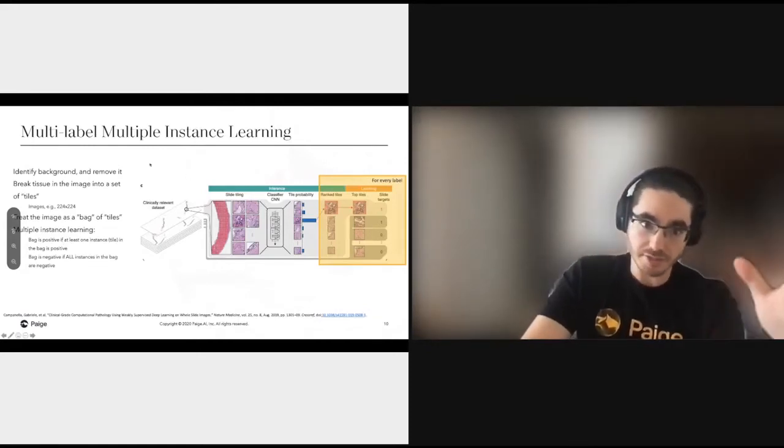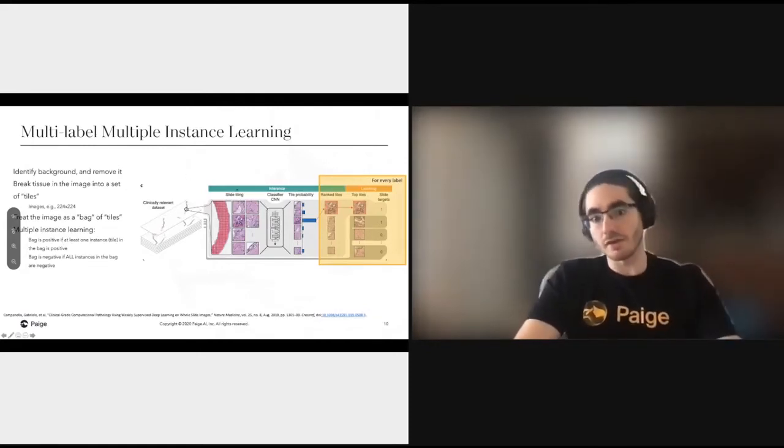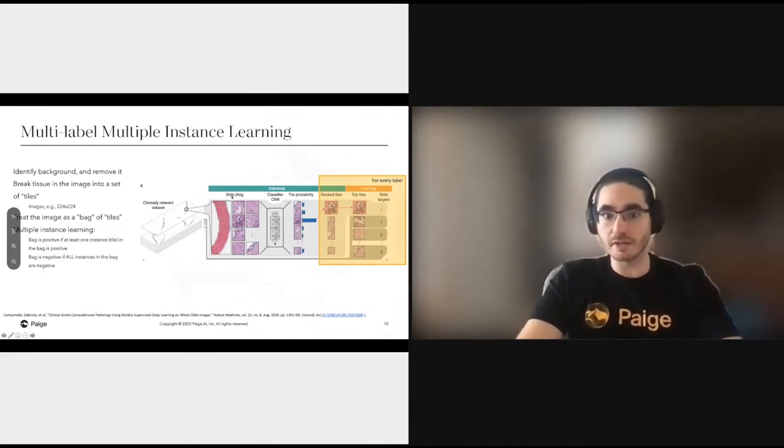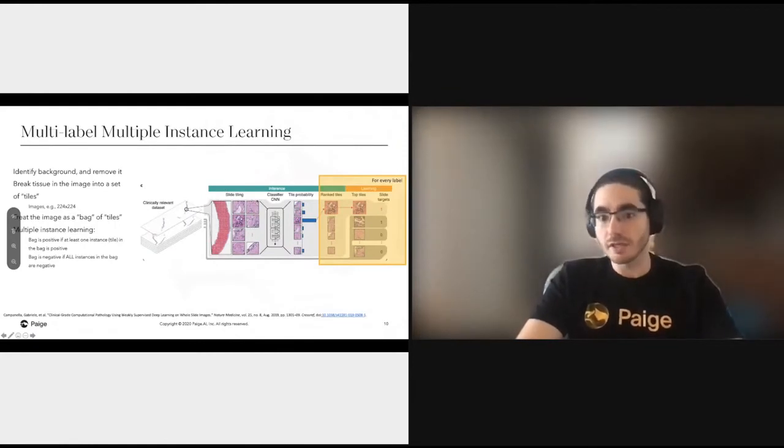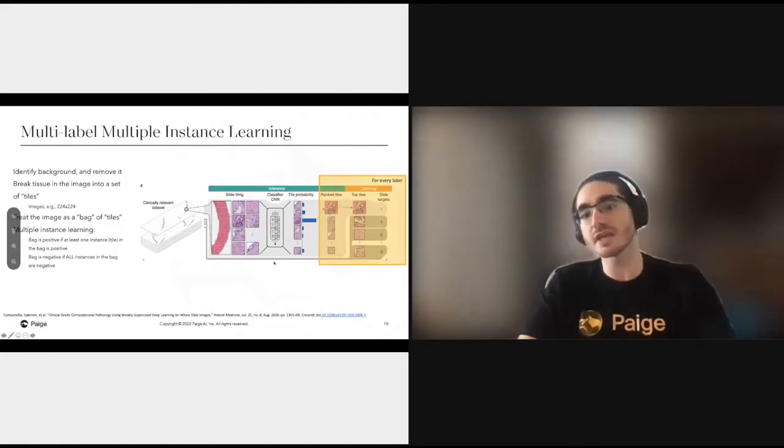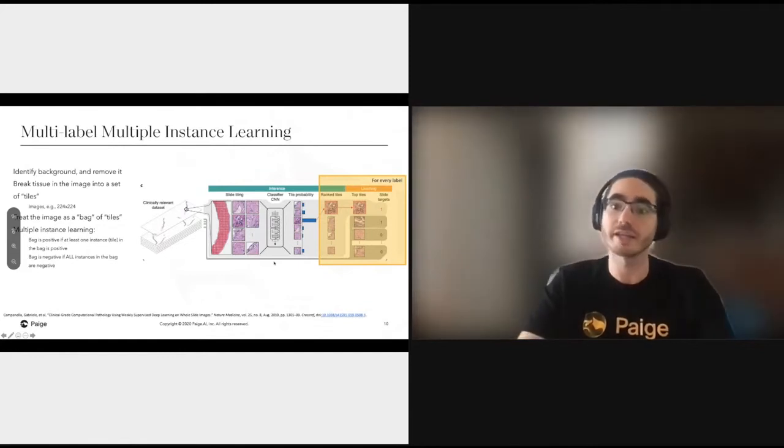The way this algorithm works is, once we divide the images into tiles, we identify the background and omit it. Then we run inference over all of the tiles in our dataset, rank them according to the probabilities, and only backpropagate over the top some number of tiles. This can be seen as an implicit form of hard negative mining.